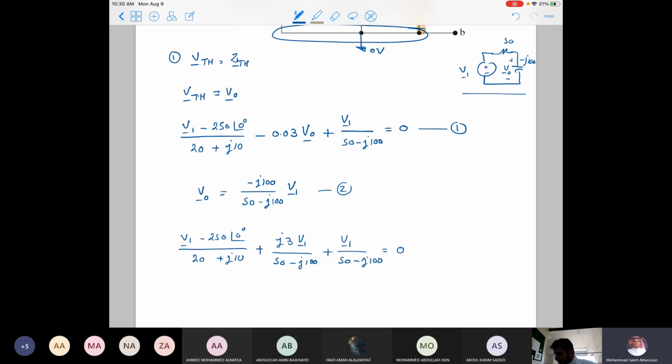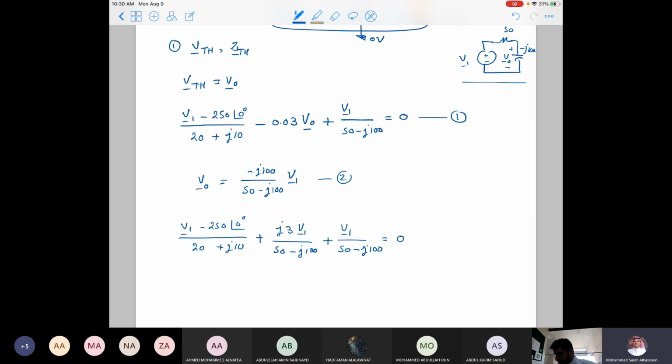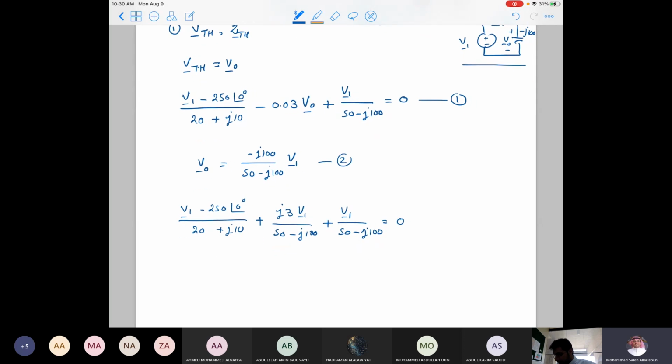So let's try to actually solve this problem. We can do that by moving things around.